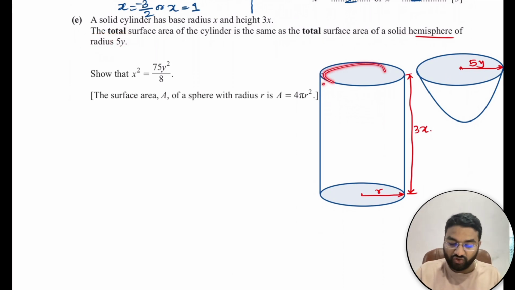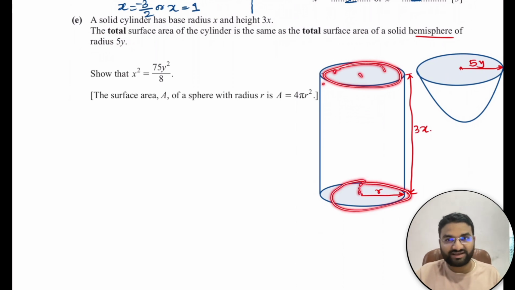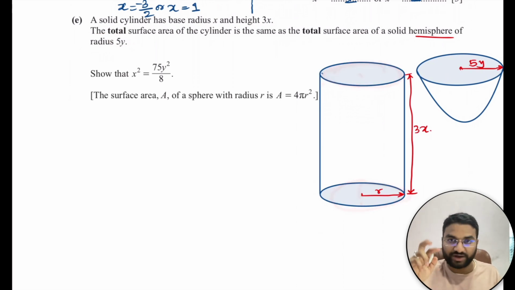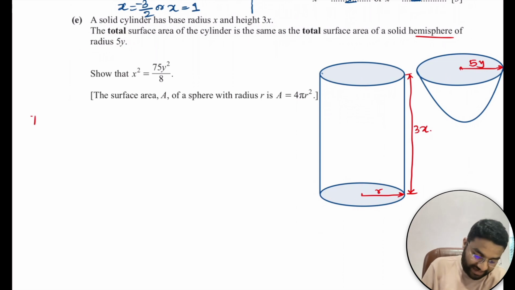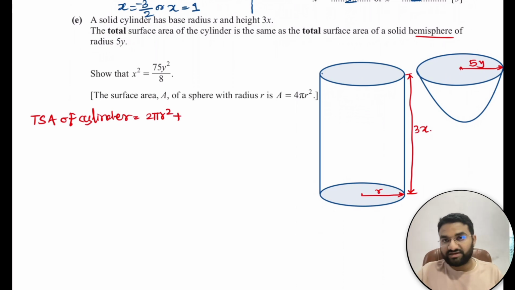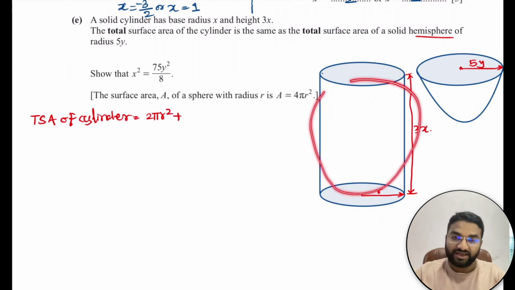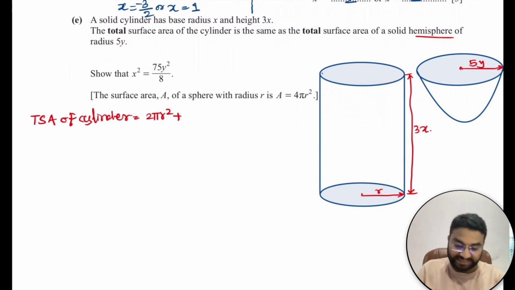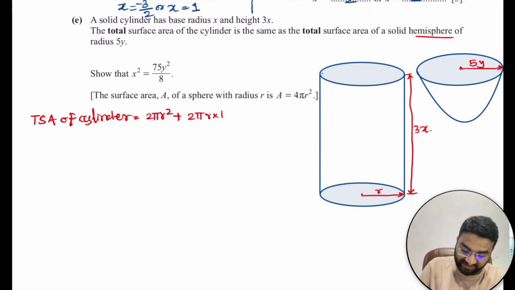We have two surface areas, top and bottom, right, each just a circle, pi r square, pi r square. So 2 pi r square. So the total surface area TSA of the cylinder is equal to 2 pi r square plus the circular surface area. This one, if you open it, looks like a rectangle. So it's 2 pi r times h.